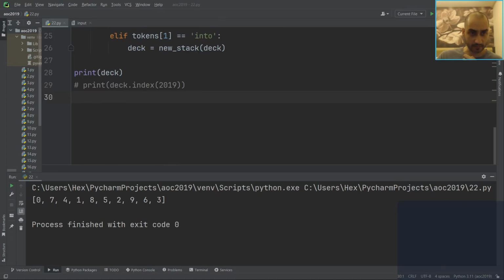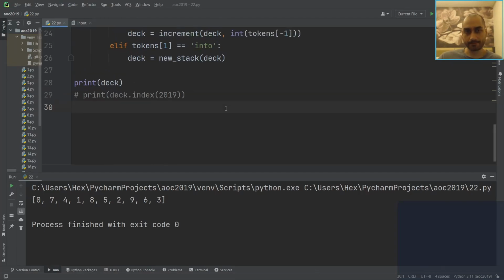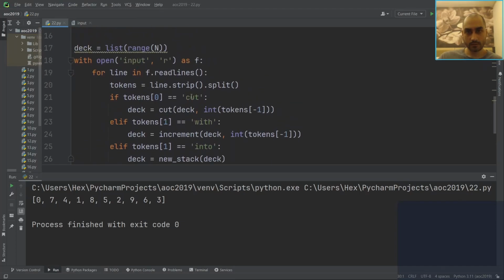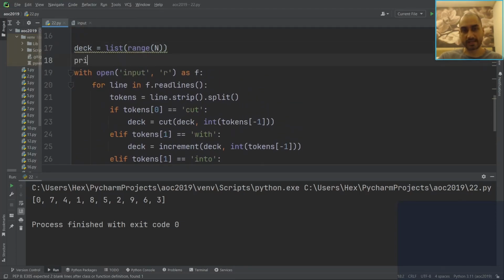So this failed, but the last one passed, even though it was more complex, and that had into new stack in. This one, okay, so it's probably an issue with... Well, that's really weird. All right, fine. Let's just print the deck at every step.